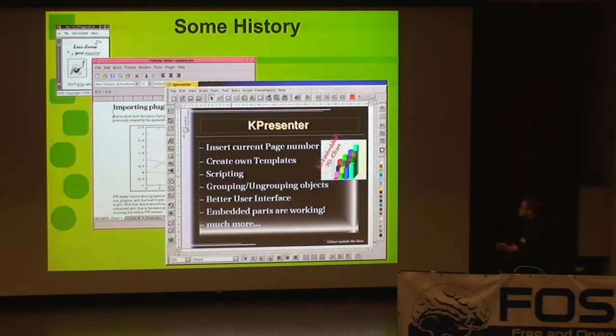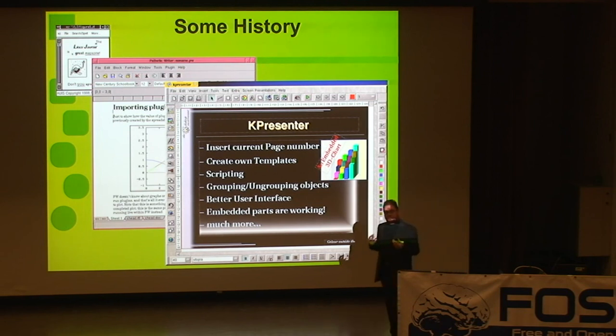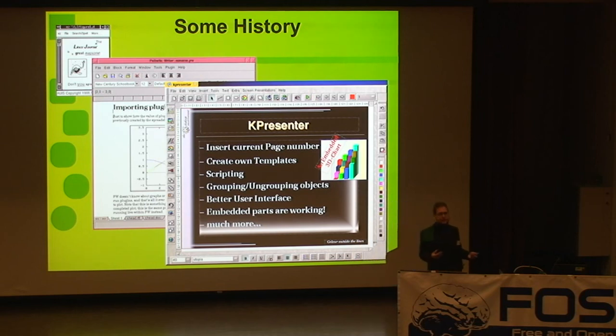So, some history to start with, because we are often asked, why are you working on yet another Office software application? There are others, and they're already free. I think the very first free Office application was the Andrew Suite by the Carnegie Mellon Institute. It's on the top left.